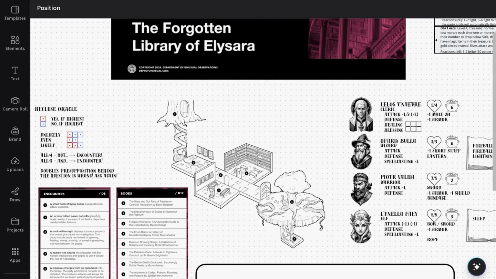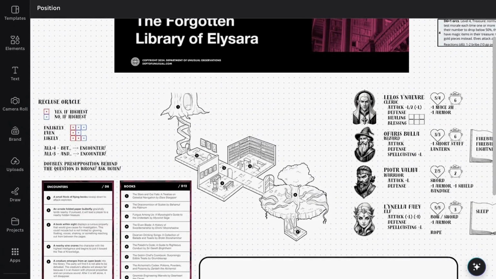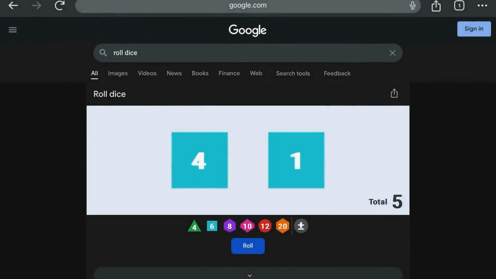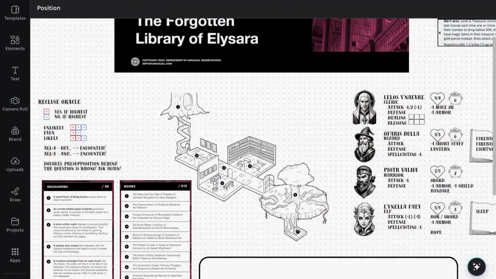Lelos and Opharis are the only ones who can try to write in it and realize what is happening here. So my question is, does Lelos recognize what kind of book this is? Yes or no? It is even, so still 2 dice. Yes, a total yes. Okay.